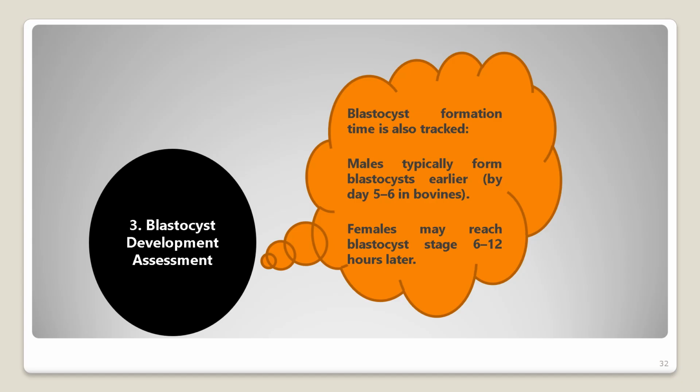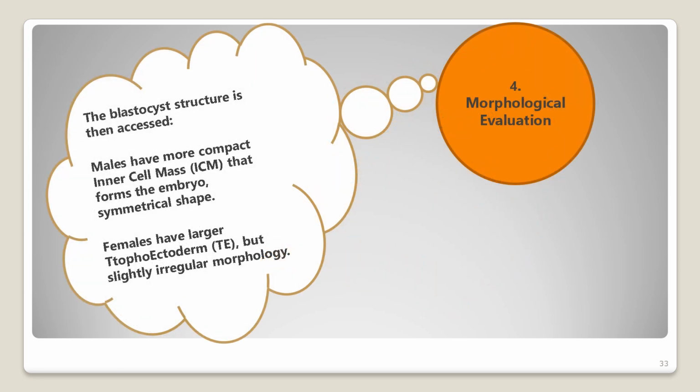The blastocyst development assessment. The blastocyst formation time can also be tracked. Males typically form blastocysts earlier. By day 5 to 6, they would have formed that, as observed in bovines, while the female may reach the same stage 6 to 12 hours later. Another way is the morphological evaluation.